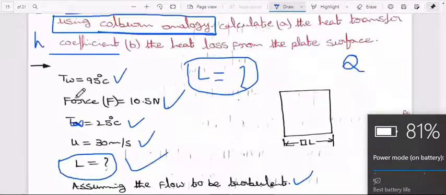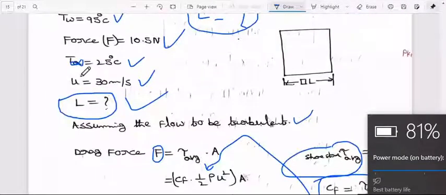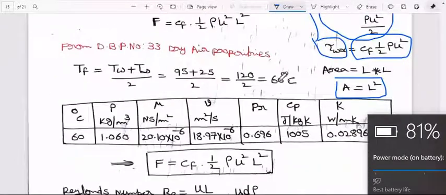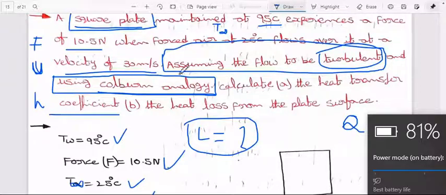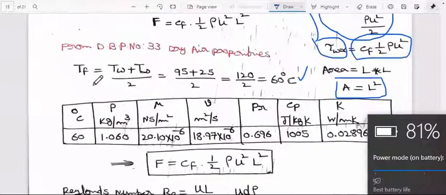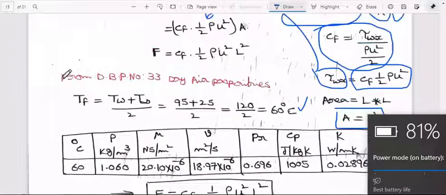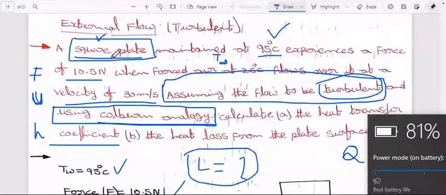So what are the temperatures? Wall temperature 95 and ambient temperature 25, so the difference is 60 degrees. This question also does not give any properties; we can only get them from the data book page number 112. Film temperature is 60 degrees. This is the square plate, and the fluid is air.